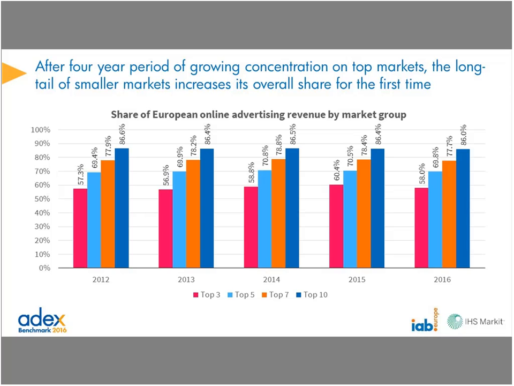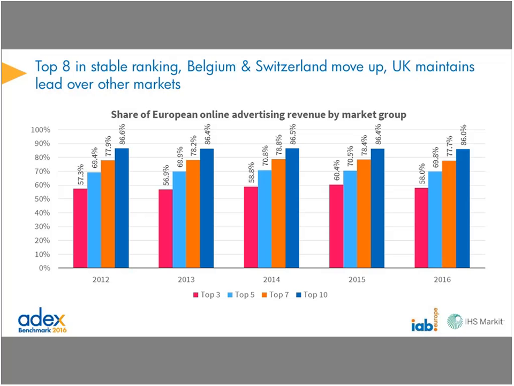For the first time in 2016, this is not the case, and we saw the mid and the long tail of smaller markets increasing its share as they grew extremely strongly, establishing themselves as new contenders. So we can see that the ad spend is becoming more diversified across Europe.